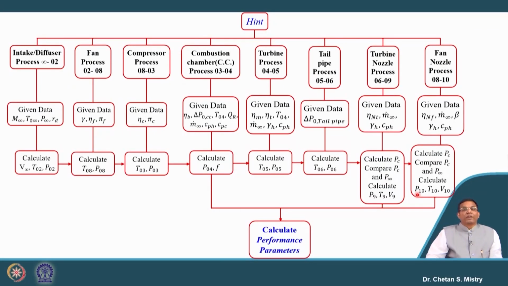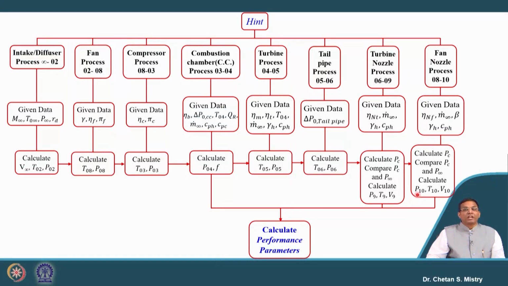We have done our calculation for exit parameters, cycle parameters from intake, fan, compressor, combustion chamber, turbine, tailpipe, turbine nozzle as well as fan nozzle, and we have done the final calculation for the velocity at the exit from both the nozzles, and we have done the calculation for the area.